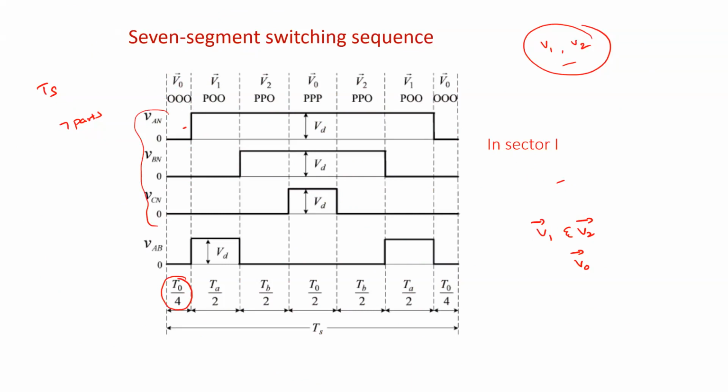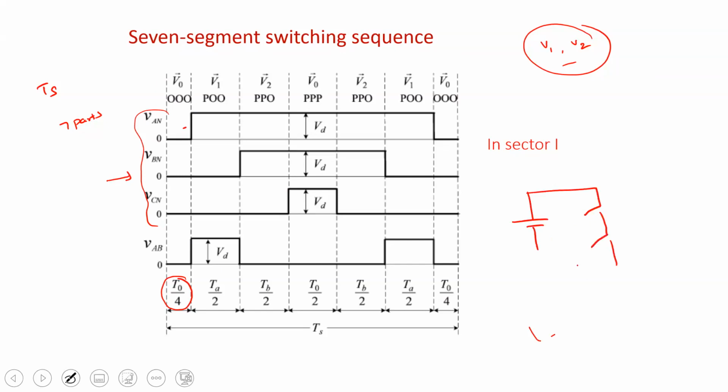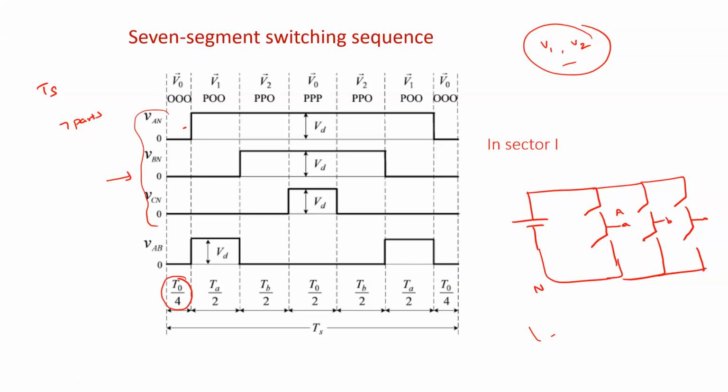These are the voltages across A phase, B phase and C phase, where this is A and this is N. All right.